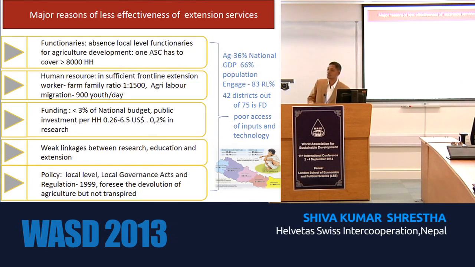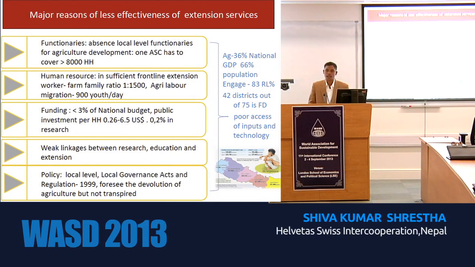That's why a 20 year agriculture perspective plan was put in place from 95 to 2015. If you see the results, still more than 25% of the total population is below the poverty line. And this sector covers more than 36% of the national GDP, and 66% of the total population, as I mentioned, depends on agriculture for their livelihoods.